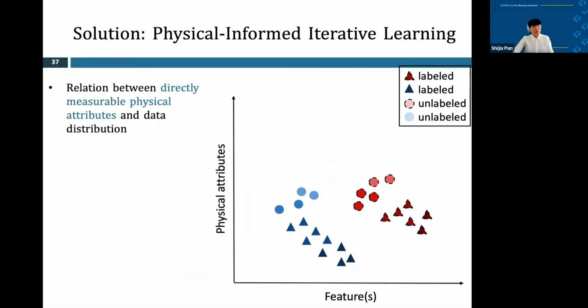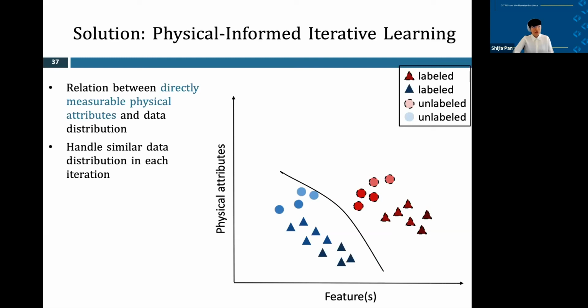So with that, we propose iterative learning that is guided by these physical attributes, where we first discover the relation between the directly measurable physical attributes and the change of the data distribution, as described in the previous slides. Then we handle the similar data distribution change in each iteration, as shown in the figure on the right-hand side.